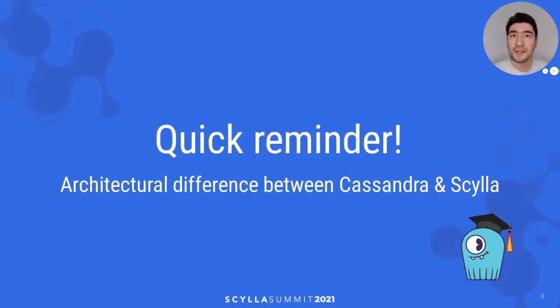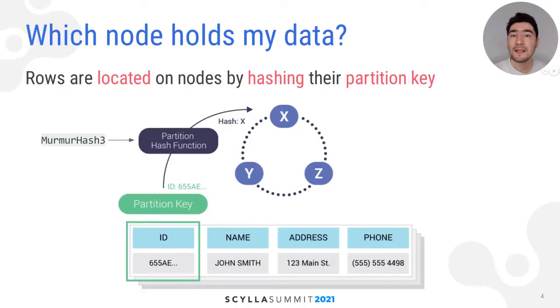Let's start with a quick reminder, because while Scylla and Cassandra are both based on a token ring architecture, they have a major difference that we should highlight first. Let's start with how data is distributed and then located on the cluster token ring. On the physical layer, a data partition is a unit of data stored on a node and is identified by a partition key.